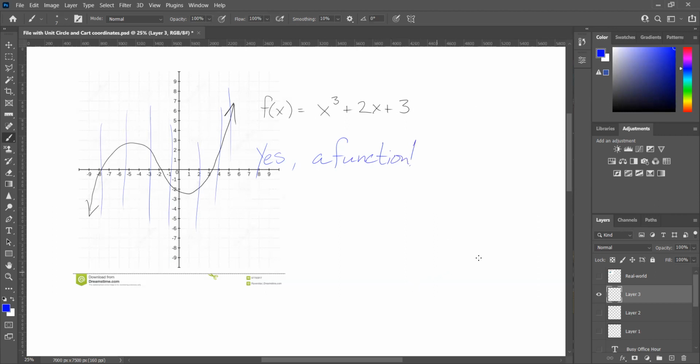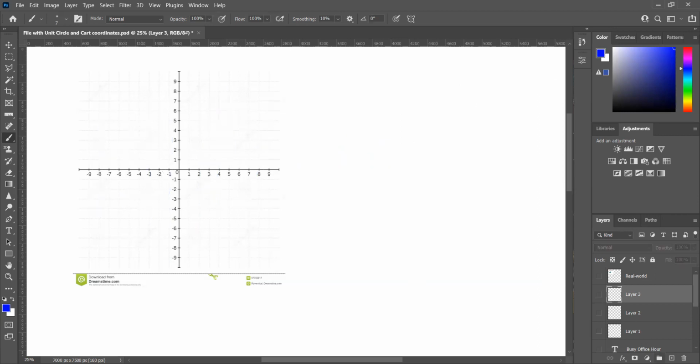Now, not all graphs have to be functions. It's perfectly fine to have a graph that isn't. For example, there's one that we really like, and it looks like that. I'm going to call it a circle, but in reality, it's more like a Skittle or an M&M. But notice I can draw vertical lines through here and cross the graph at more than one place.